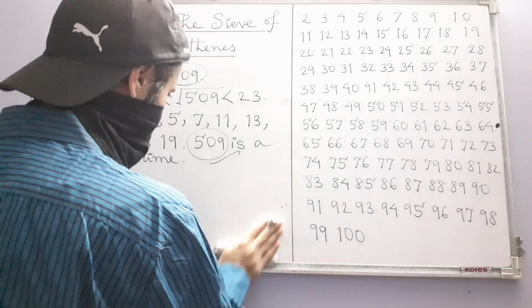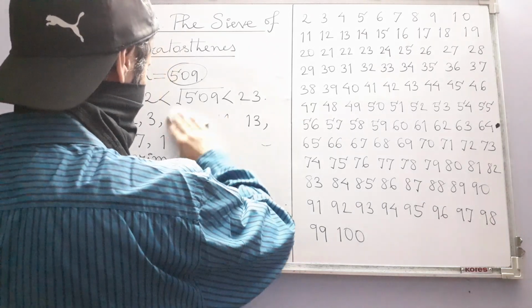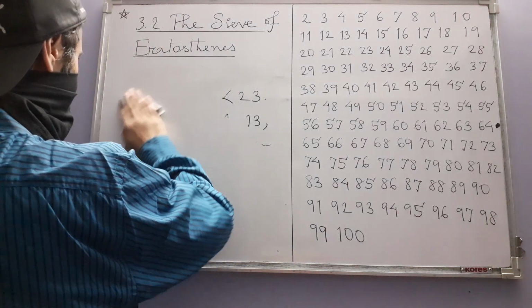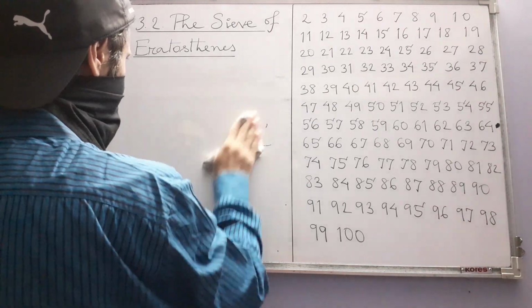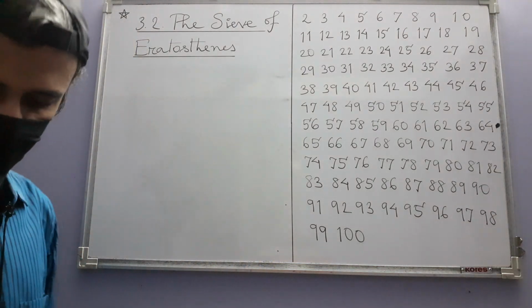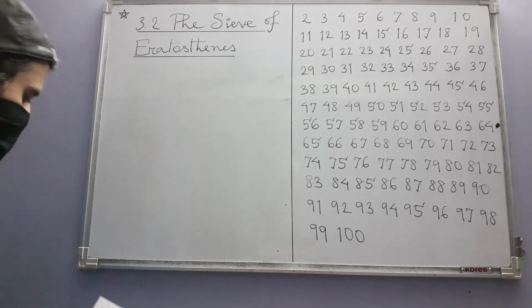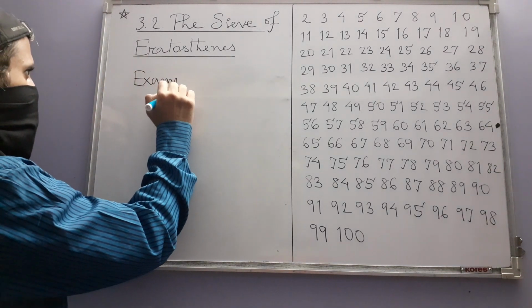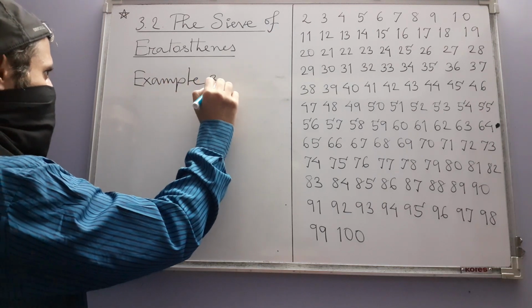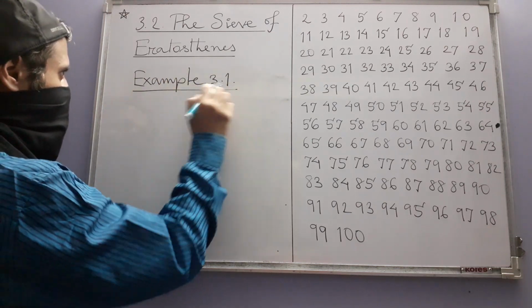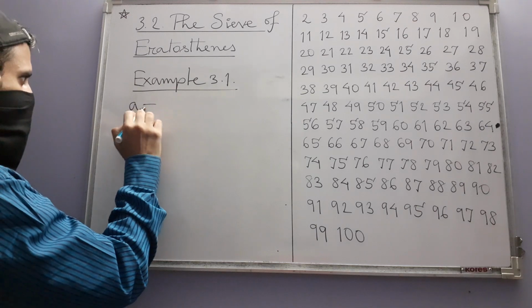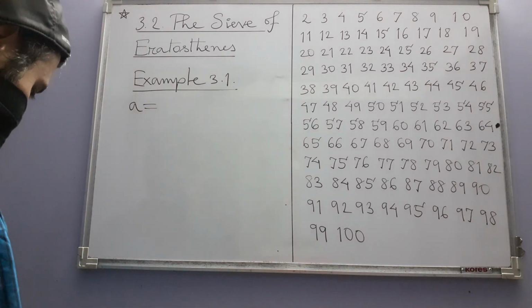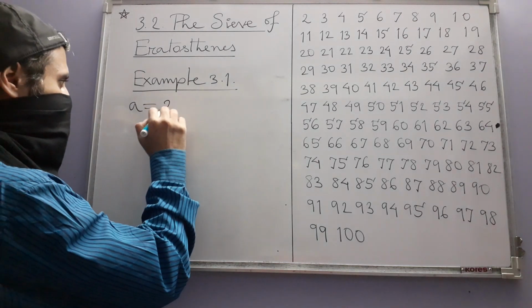It works both ways, with primes as well as composites. So this is example 3.1, and the number that we now have is 2093.